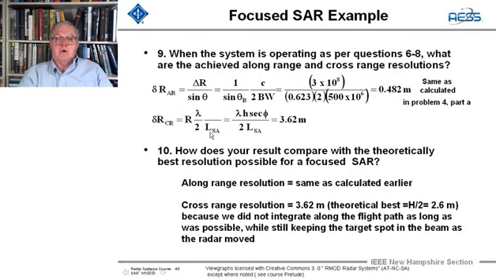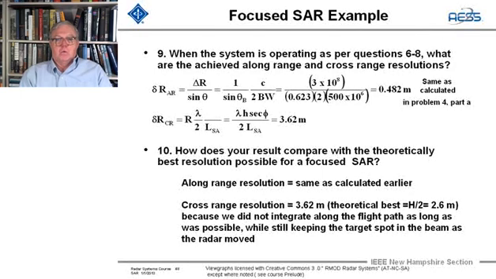And we don't put in D over 2, because the 5.2 meter antenna length of the real aperture is the best resolution you can get.